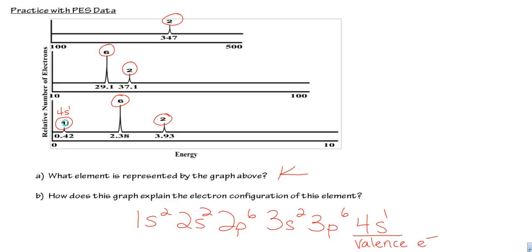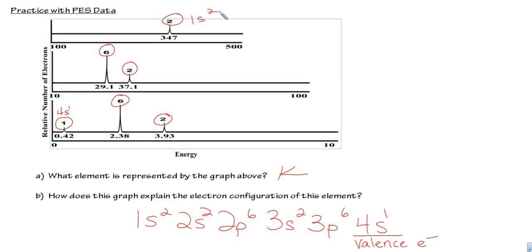Now on the extreme end, the most core electrons are the 1s2. They're the closest to the nucleus, so they'll feel the most attraction. Those should always have the greatest ionization energy. So there are my innermost 1s2 electrons. And everything else fits accordingly.